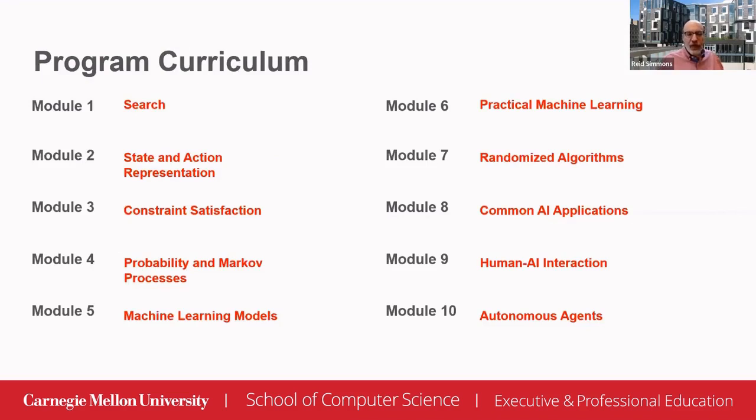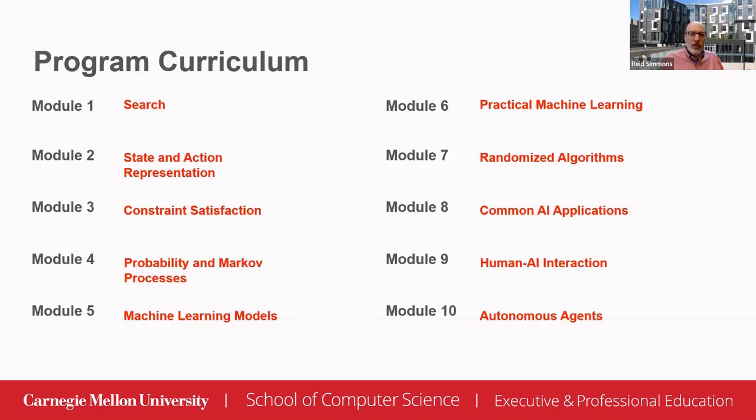As I mentioned, it's a 10-week course. We'll be covering basically a different area each week. We set this up in what we hope is a fairly logical progression. We start with symbolic techniques, search and constraint satisfaction.